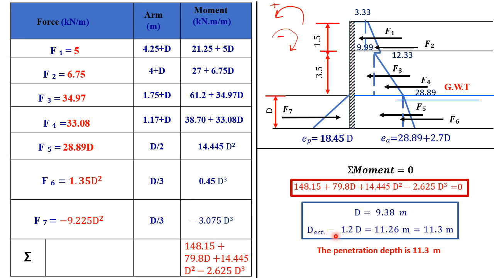So 1.2 times my d is 11.26 meters, and I will take it 11.3 meter. So here you have a sheet pile which has a free length of 5 meters and a penetration depth of 11.3 meters.